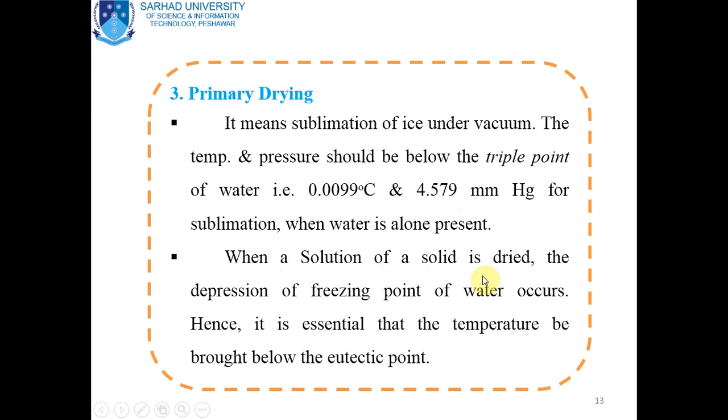When a solution of a solid is dried, the depression of the freezing point of water occurs. Hence, it is essential that the temperature be brought below the eutectic point.